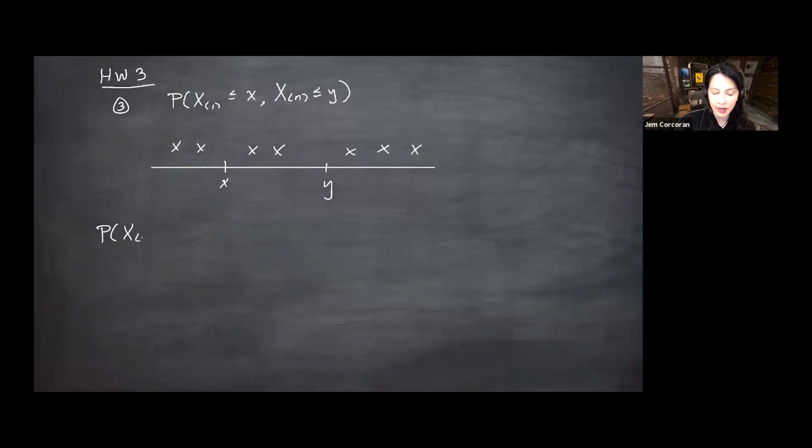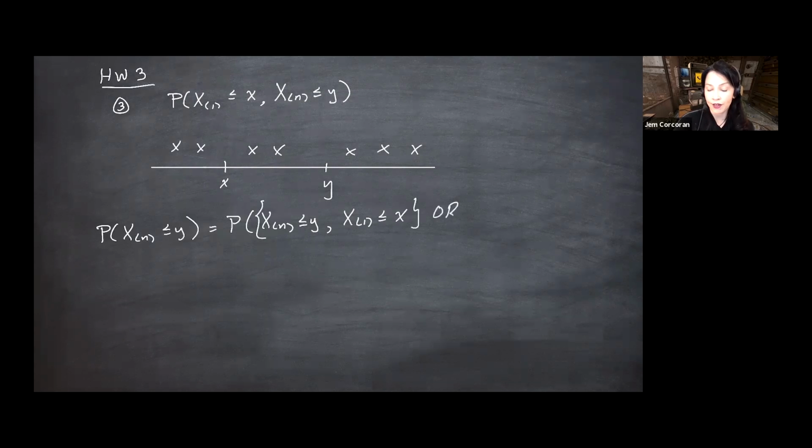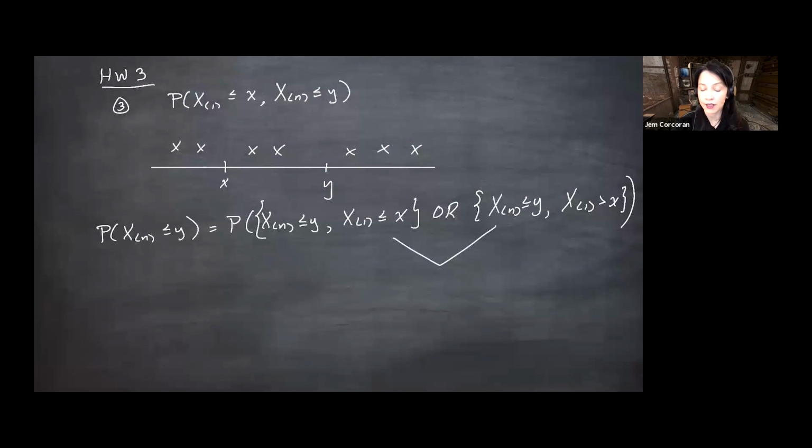So the probability that the maximum is less than or equal to y, I expanded as the probability the maximum is less than or equal to y and the minimum is less than or equal to x, or the maximum is less than or equal to y and the minimum is greater than x. Those are 2 ways for it to happen, and those are disjoint events.